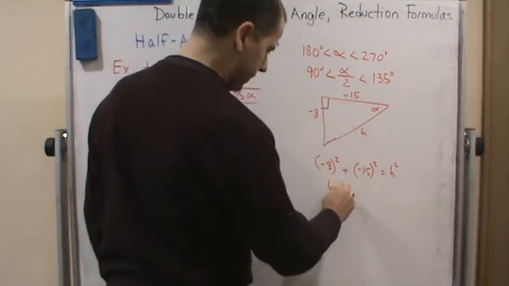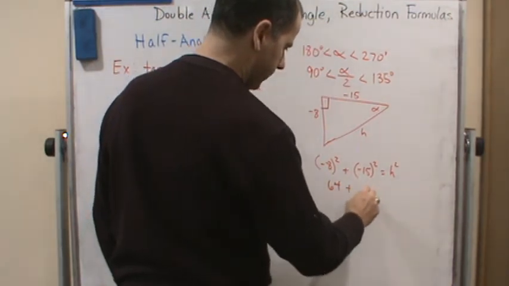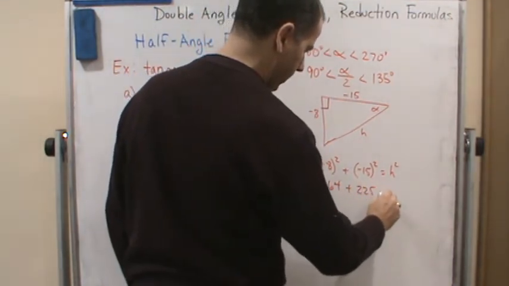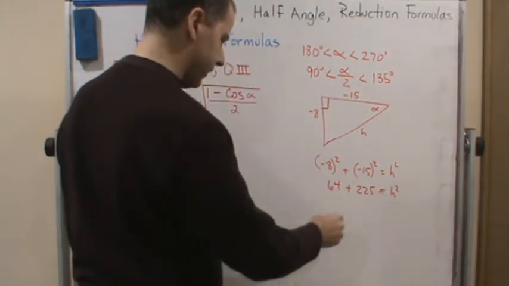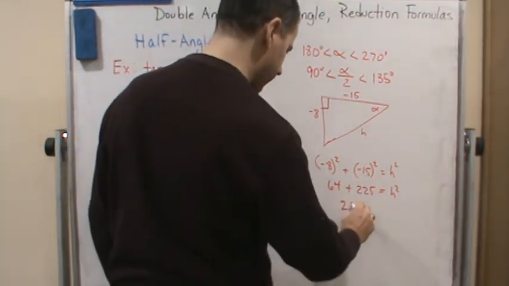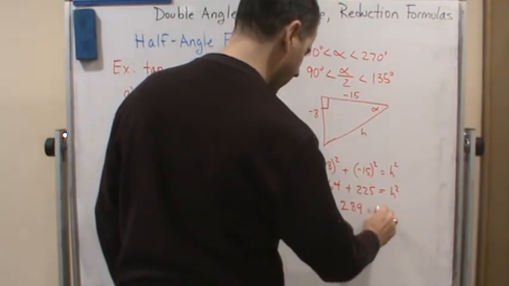That's 64 plus 225, which is 289 equals h squared.